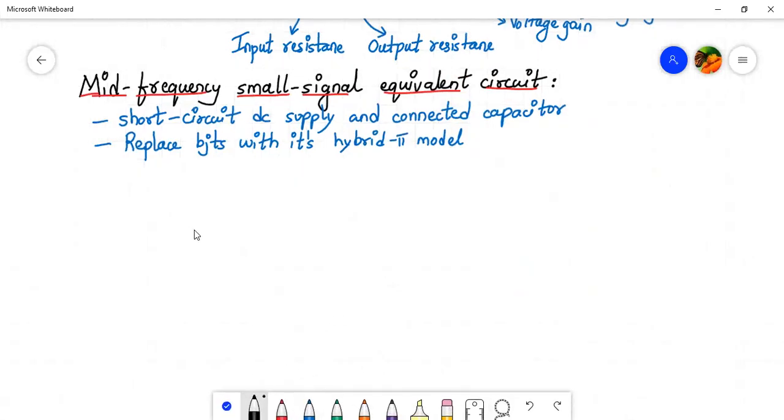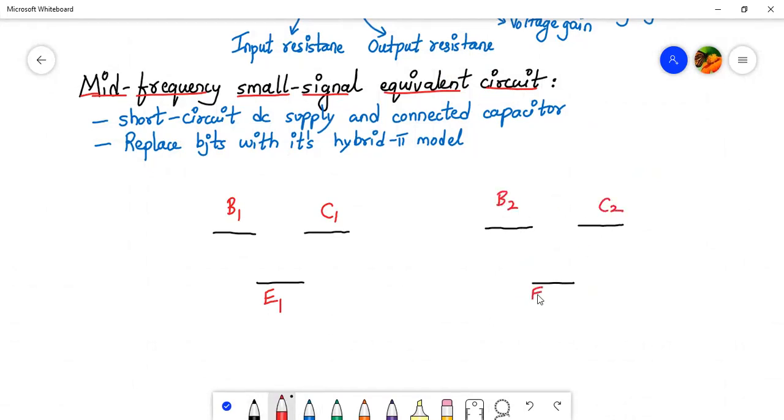So first of all, I will draw the hybrid pi model for the Q1 transistor. So here we have base 1, collector 1, and emitter 1. We'll write it over here. Similarly, over here, we'll leave some space and write base 2, collector 2, emitter 2.